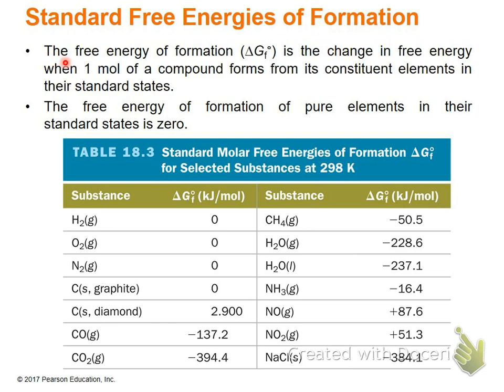For example, hydrogen gas, oxygen gas, nitrogen gas, and carbon will receive the value of 0. And these values will also be given to you on the test. These are tabulated values.